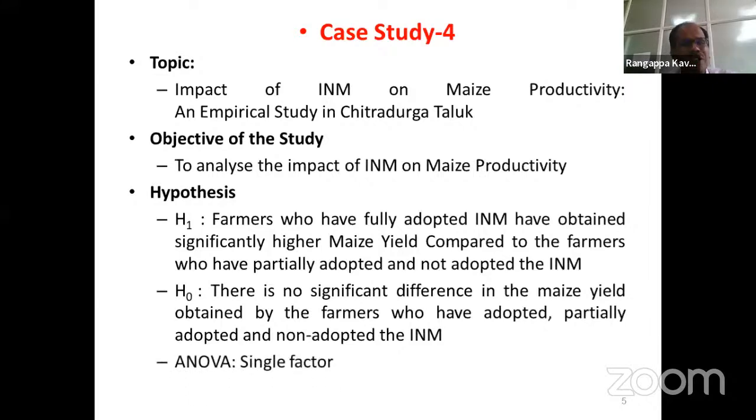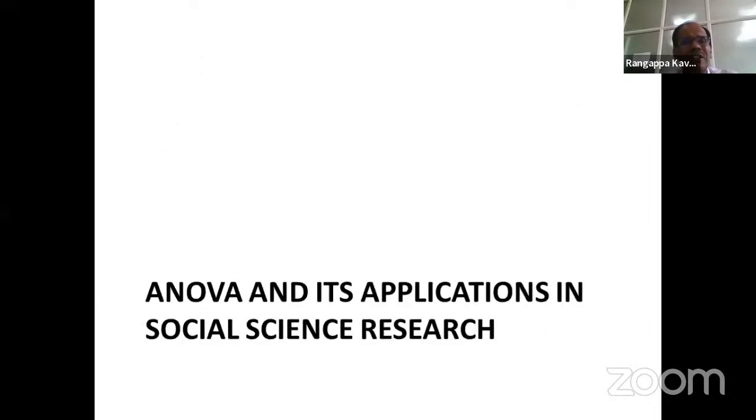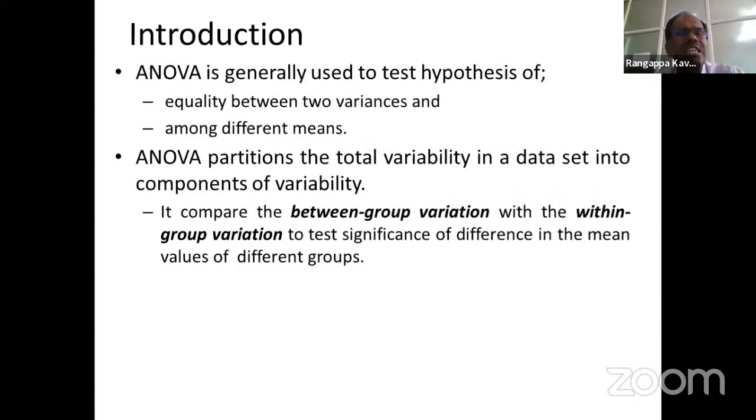With this, let me come to my core area, that is ANOVA and its applications in social science research. As I have already given the case, ANOVA is generally used to test the hypothesis of equality between two variances, or even three. Sometimes you take statistics like the average value or the variance value.